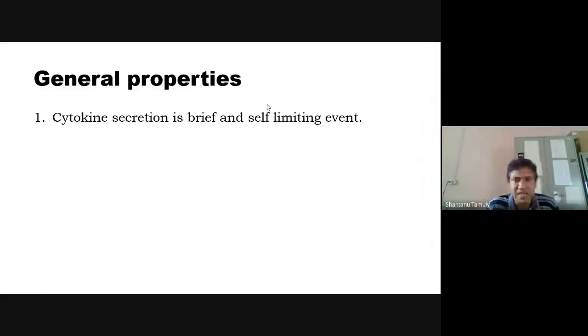Say, for example, in the case of bile, the bile is produced in the liver and then it is kept temporarily in the gallbladder for a short period, then it is released. But cytokines are not like that. It is not that cytokines are already produced and present as preformed molecules, and then released when required.